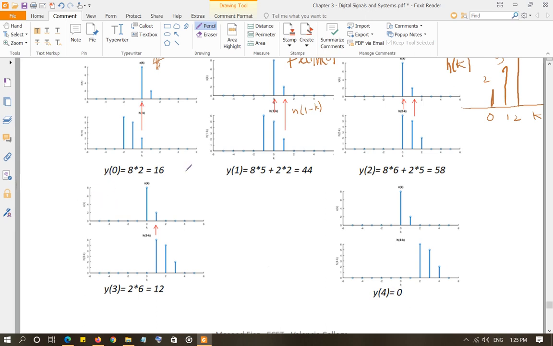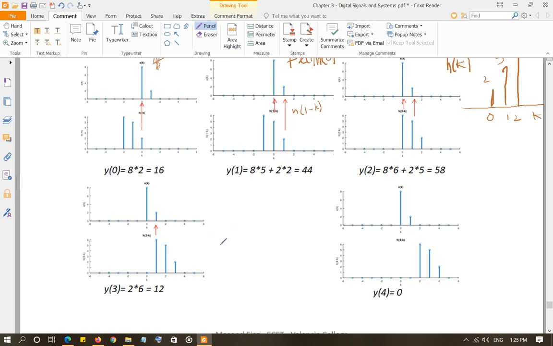So again, we will have 3 non-zero values of y, as we saw earlier, and that's the graphical method. So in summary, what is the graphical method? You plot x of k versus k, and you plot h of k versus k.